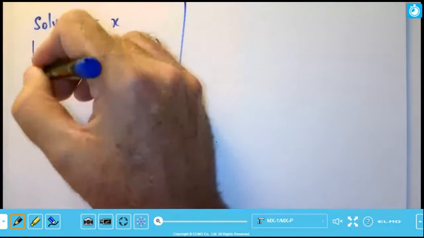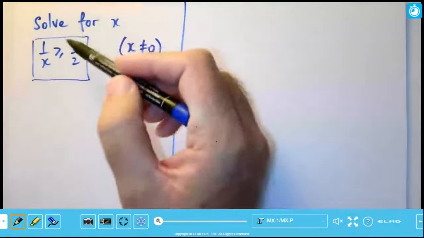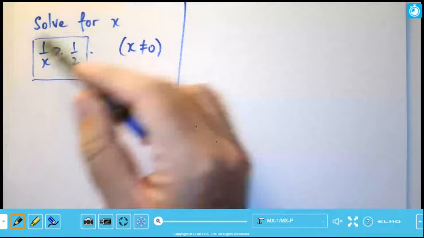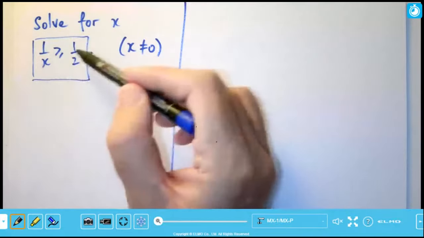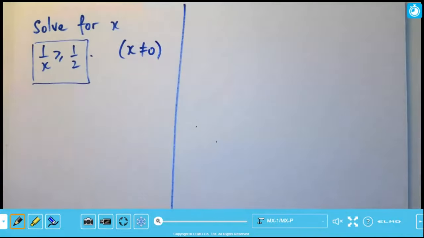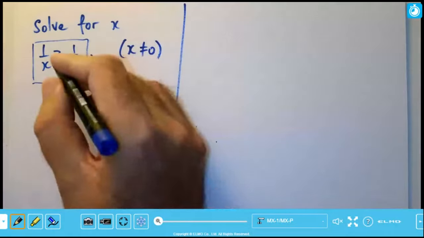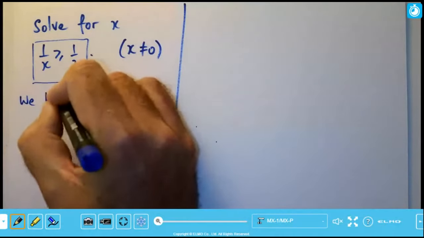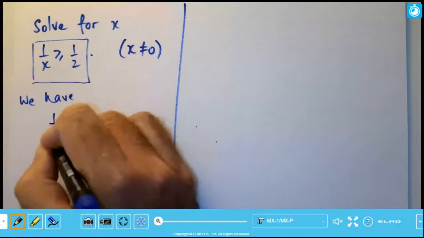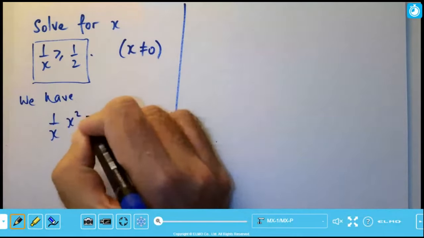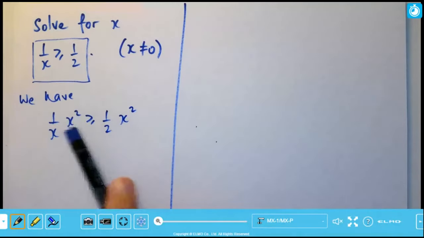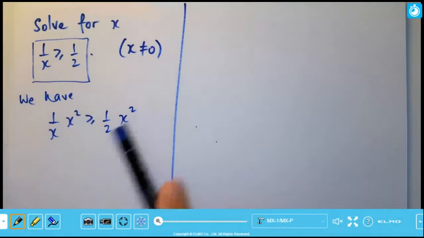So you have to be careful with these inequalities, right? Because they're not like you have an equal sign. So when you multiply both sides by something that's positive, then you can keep the same inequality sign. So one way of doing this is to multiply both sides by x squared.